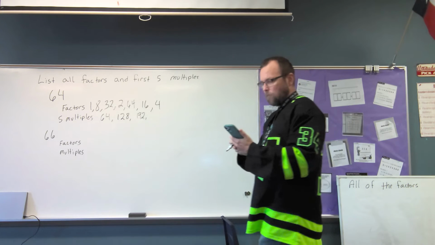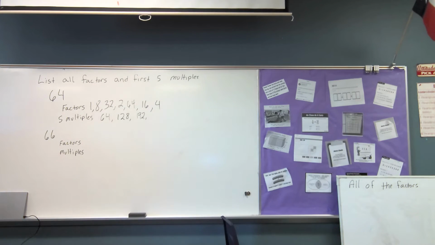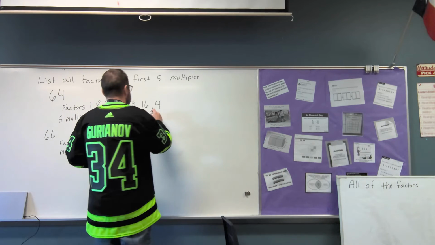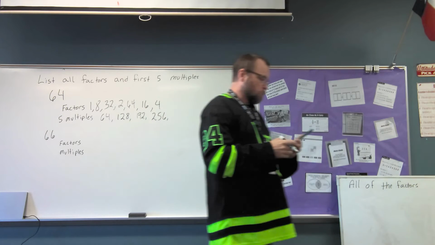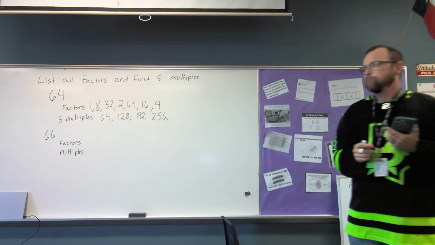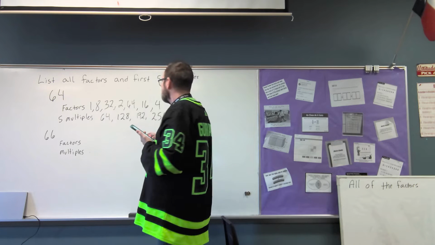The fourth multiple, Oren. These should be on your paper or on your dry erase board. You have plenty of time. 256. And the fifth multiple, Kira. That would be 312.